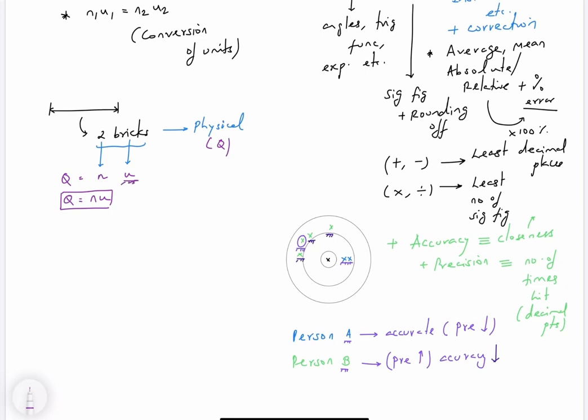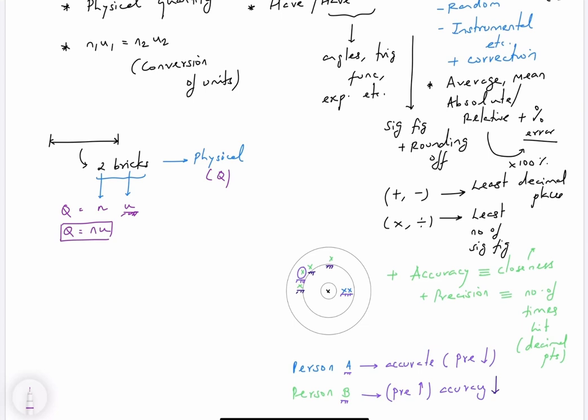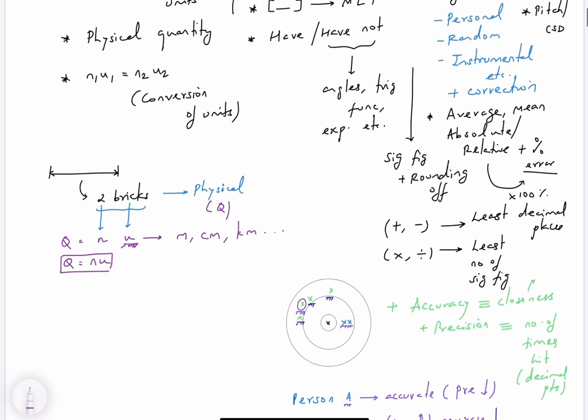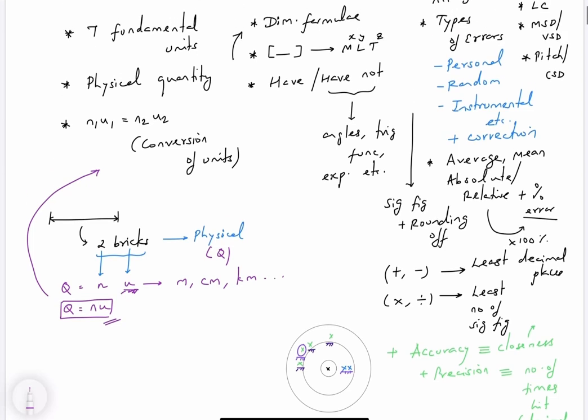Here unit can stand for anything, but as it's length, it should be something like meter, centimeter, kilometer, and so forth. Why did I explain this Q equals NU? This is like the address of a physical quantity, because this will be used in the N1U1 equals N2U2 conversion of units. There is also an easier way to do it. I'll explain when it comes in problems.